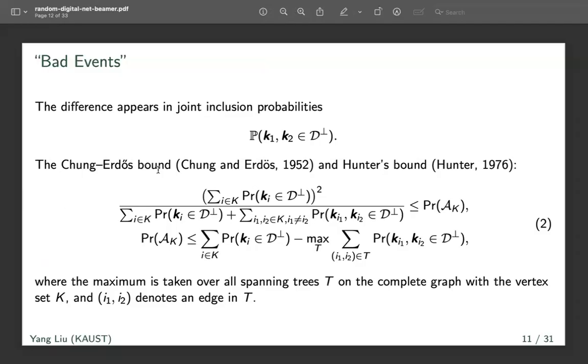The Chung-Erdős bound gives us a lower bound of this union probability, and Hunter's bound gives us the upper bound. So we want this joint inclusion probability to be higher, so that we have a better bound for both the lower bound and the upper bound.